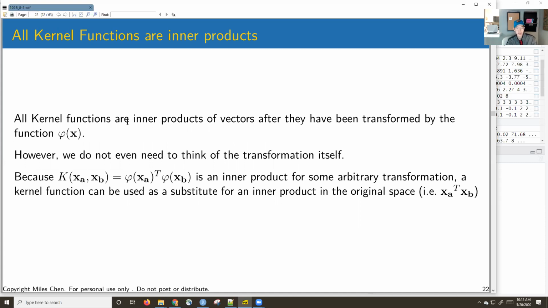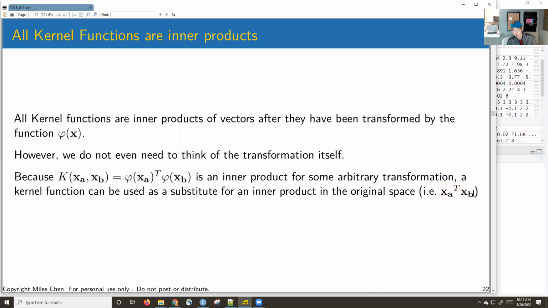All kernel functions are inner products of vectors after they've been transformed by the function phi. However, we don't even need to think of the transformation itself. Because the kernel function is an inner product of some arbitrary transformation, a kernel function can also be used as a substitute for an inner product in the original space.